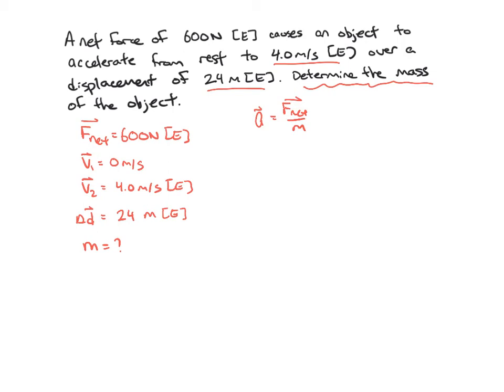What I'm going to do is try to use all this information here to find the acceleration. Okay, I can do that with my Unit 1 formulas, and then once I know the acceleration, I can go back to Unit 2, use the Newton's second law formula, and get the mass.